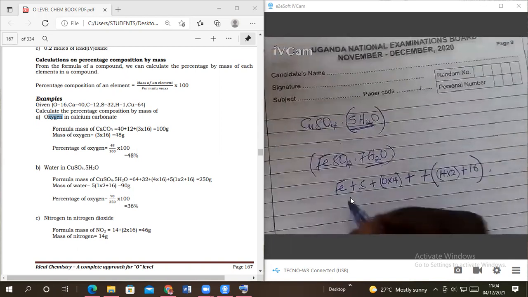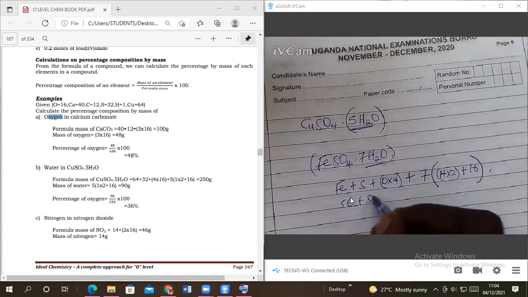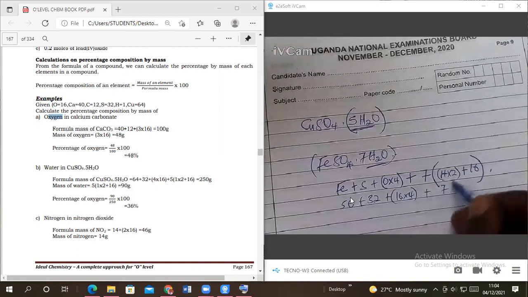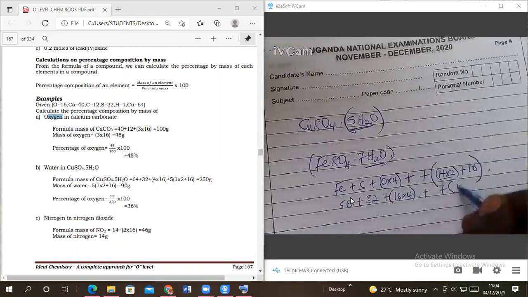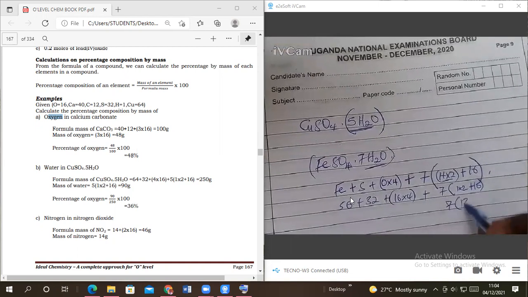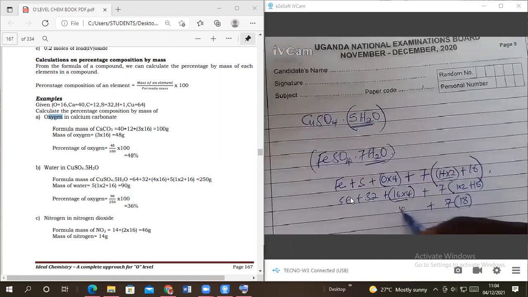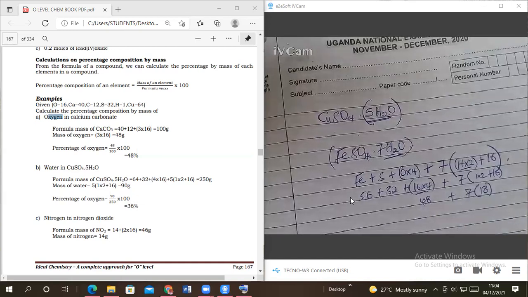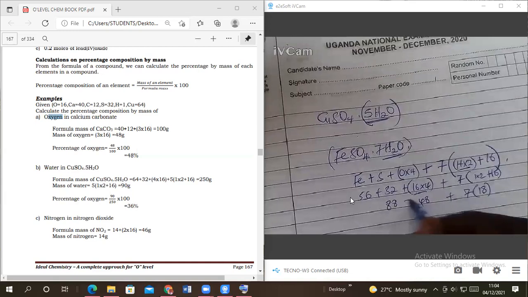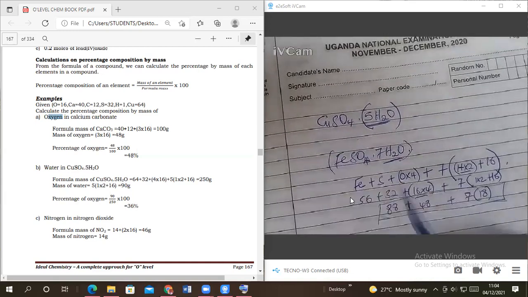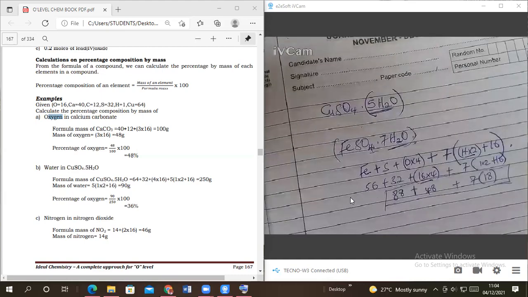So Fe is 56 plus 32 plus 16 times 4 plus 7 into, this is 1 times 2 plus 16, so 7 into 18, plus 48 plus 32 and 56. 32 plus 56, you get 88. If you add up all this, you should get the relative mass of iron 2 sulfate. That is all.